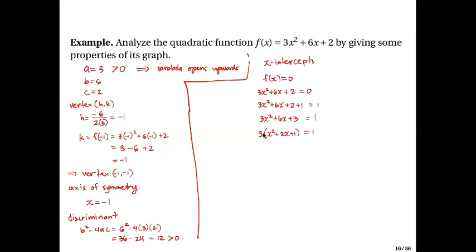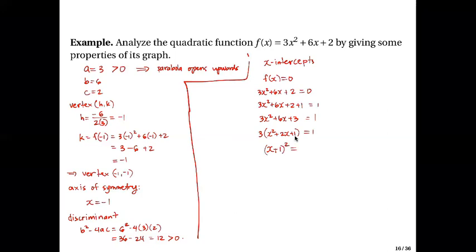And then let's just divide both sides of the equation by 3. And then this guy here, I hope you realize that this is x squared plus 2x plus 1. And this is just equal to x plus 1 squared. So you will have x plus 1 quantity squared.